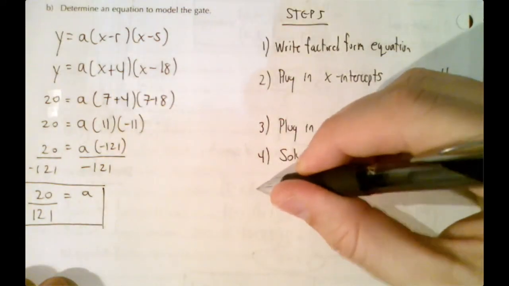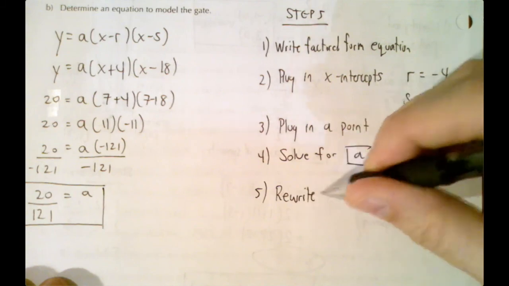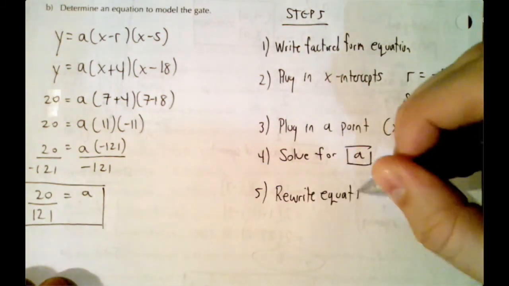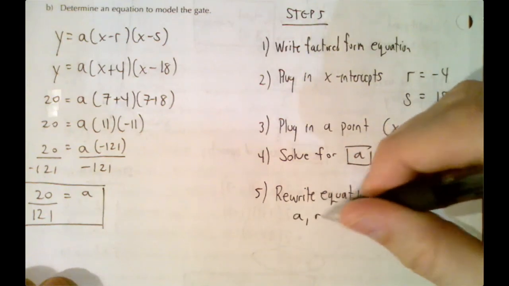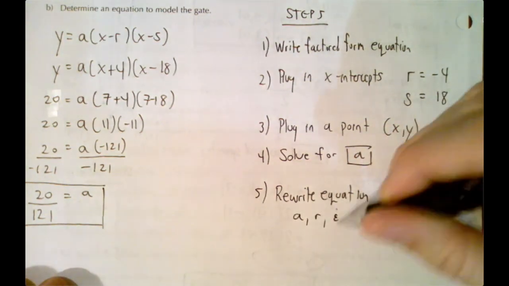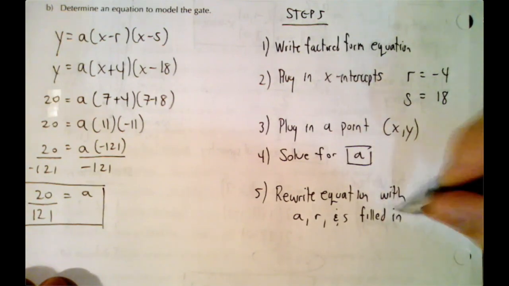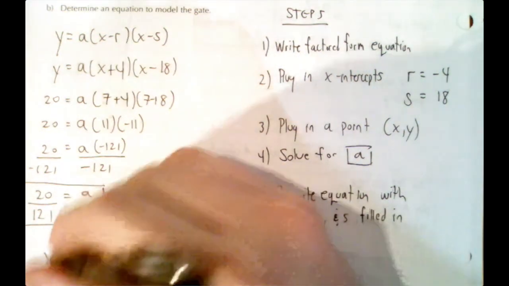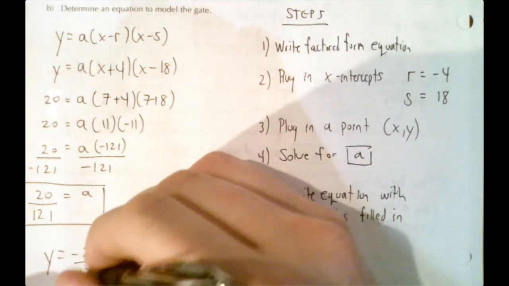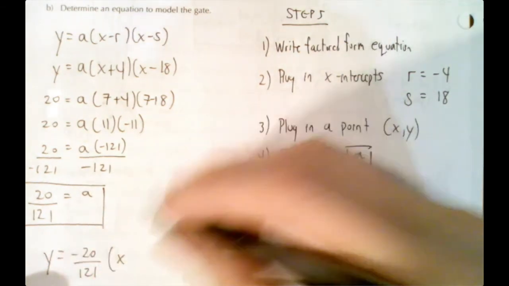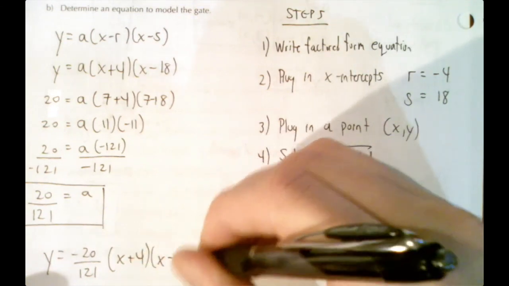So for step 5, rewrite equation with a, r, and s filled in. So our last step, y equals a, -20 over 121, (x plus 4)(x minus 18).